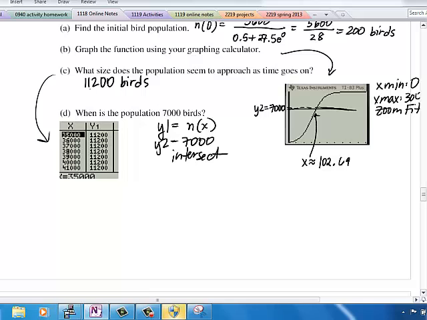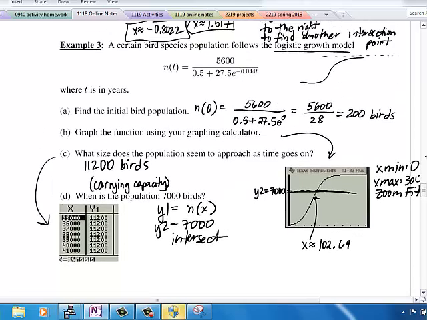And again, this 11,200 is called the carrying capacity. And notice also that we can get that from the formula. As t gets large, that exponent on e is getting huge in the negative direction.